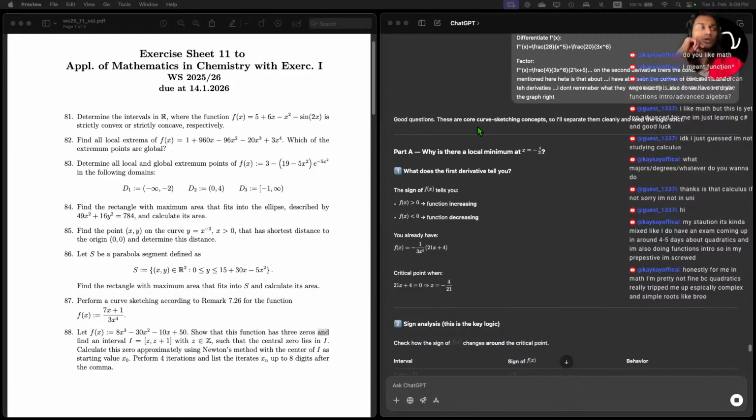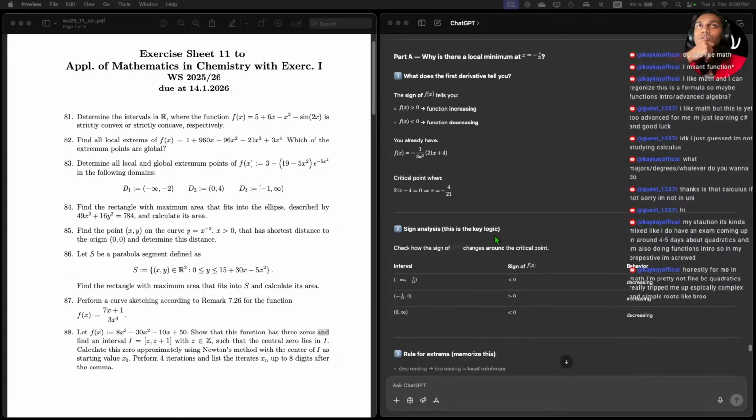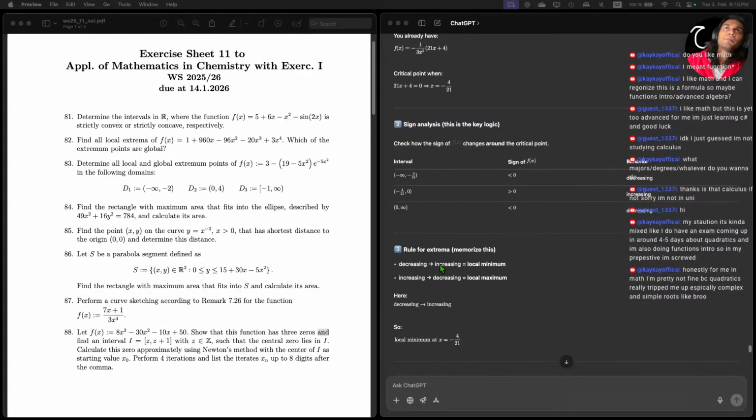Those are core curve sketching concepts. The sign of f'(x) tells you, you already have critical points where, okay, sign analysis, increasing, decreasing. Rule for extrema, memorize this: decreasing to increasing, local minimum; increasing to decreasing, local maximum.